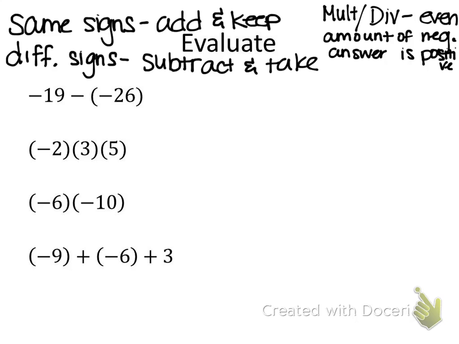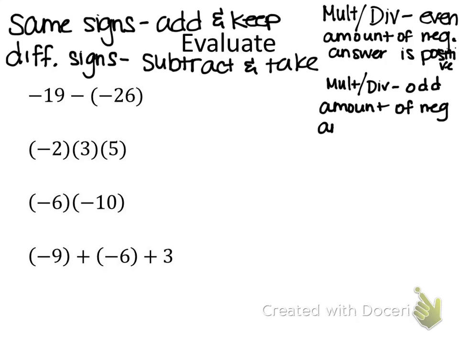Okay. Then, rule number 3 or rule number 4 for multiplication and division. If I have an odd amount of negative signs, what's my answer going to be? Answer will be negative. Okay? So these are the 4 rules that I follow.